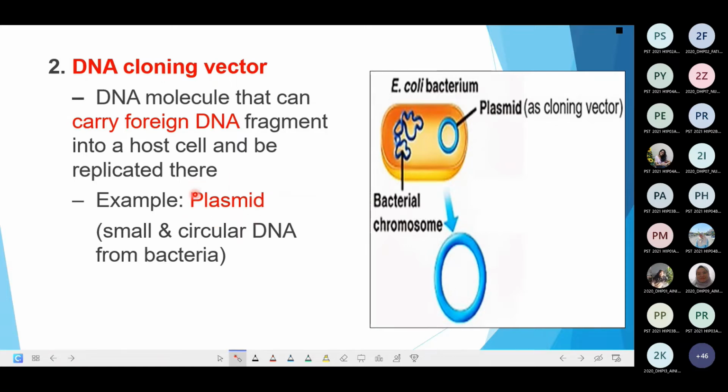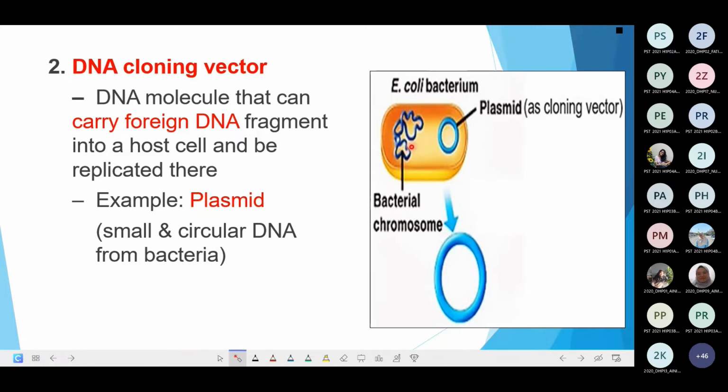A plasmid is actually a DNA molecule that can be found within a bacteria. So if this is a bacteria, this is the E. coli bacteria. This will be the chromosome, the main chromosome of the bacteria, the main DNA molecule of the bacteria. Every bacteria should have this main chromosome.